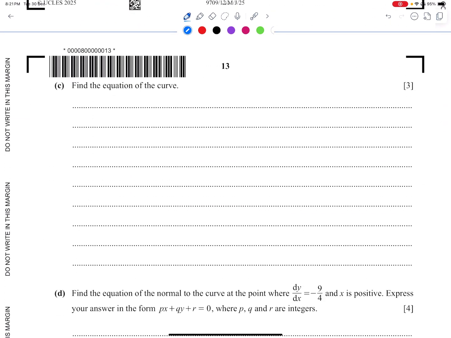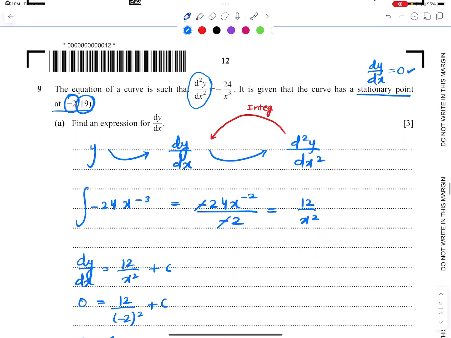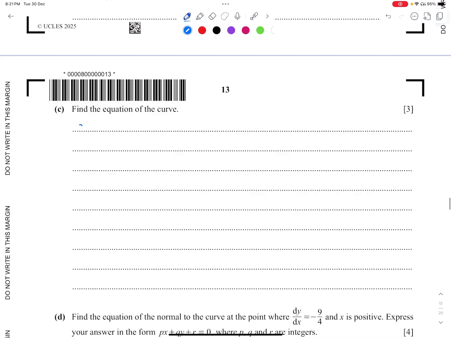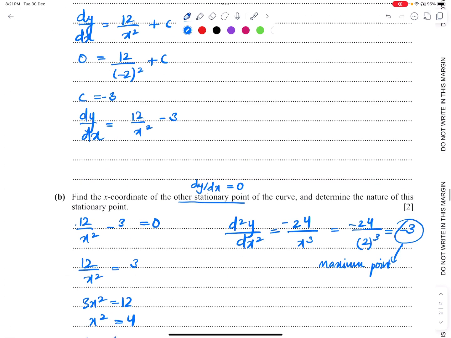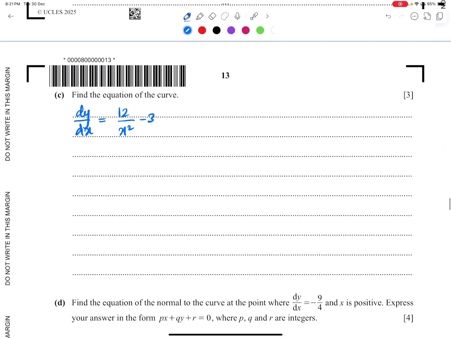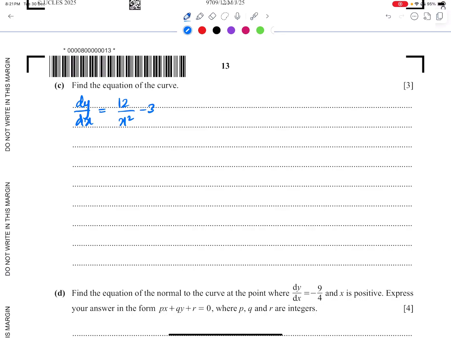Now it says find the equation of the curve. As I said, now they're telling us to go from dy by dx to y. So again, I'm going to integrate this expression once again. The expression that I got was dy by dx is equal to 12 over x squared minus 3. I'm going to integrate this expression. That gives me 12 x to the power negative 2.